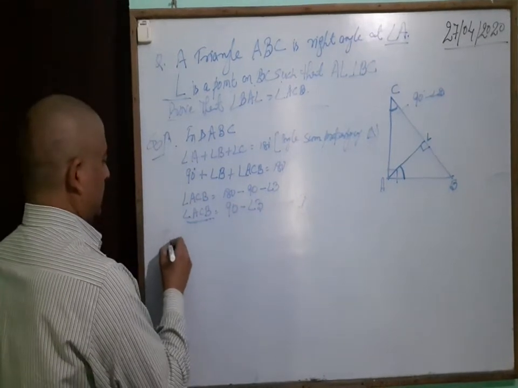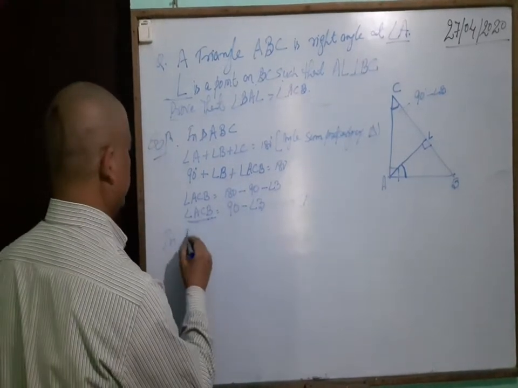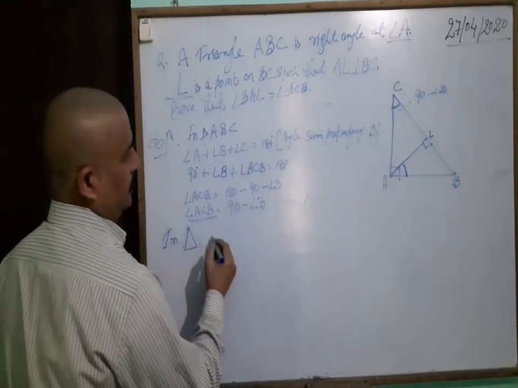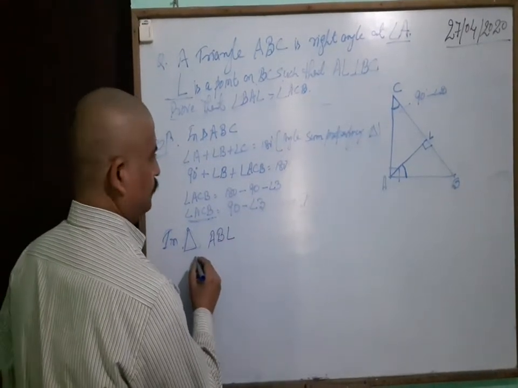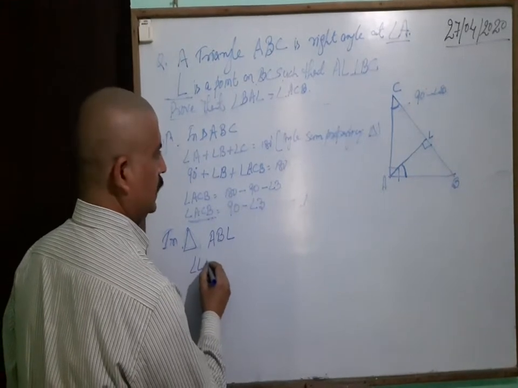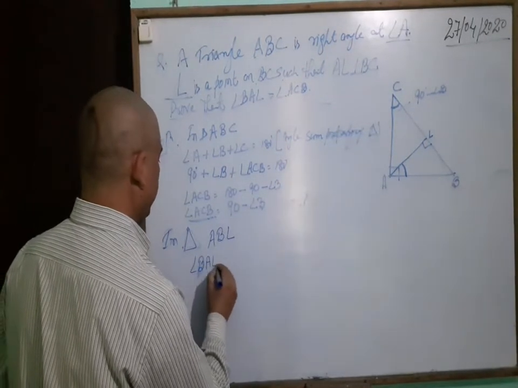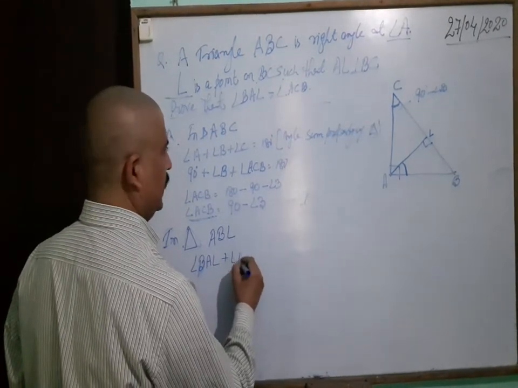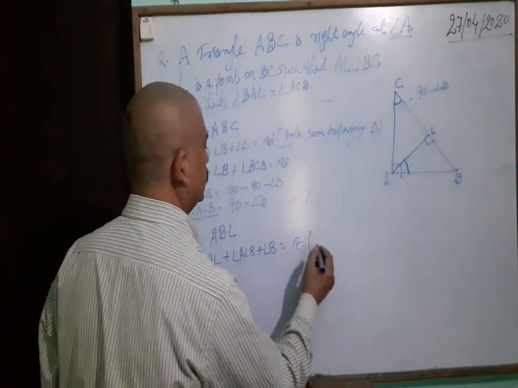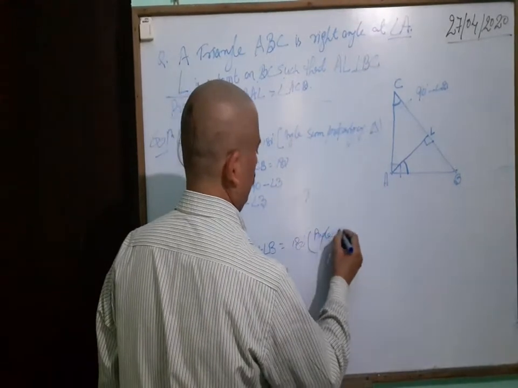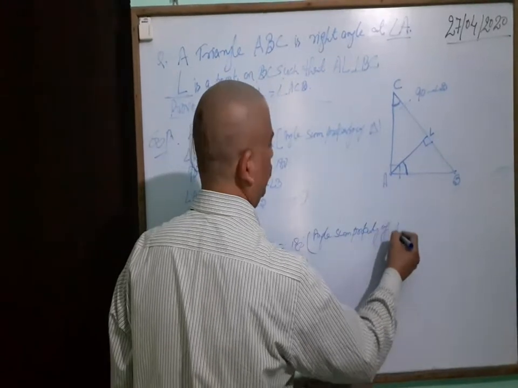In triangle ABL, angle BAL plus angle ALB plus angle B is equal to 180 degrees also, by the angle sum property of triangle.